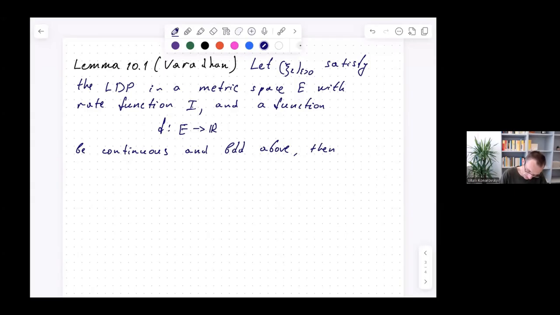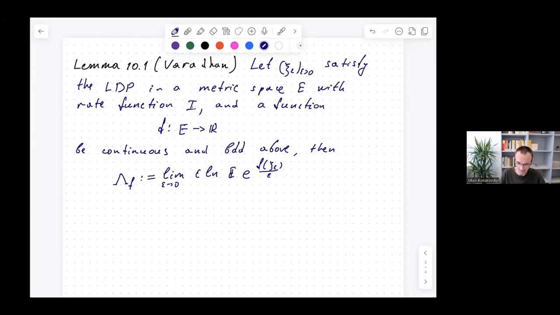one has that the limit which we considered before, epsilon goes to 0, epsilon logarithm of the expectation of e to the power f of psi epsilon divided by epsilon. This limit we also will denote by lambda f, because you see that it depends on f, and later in the Gärtner-Ellis theorem it will be used.